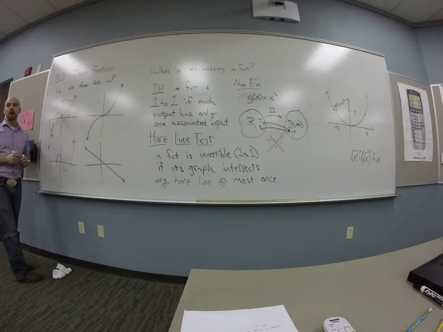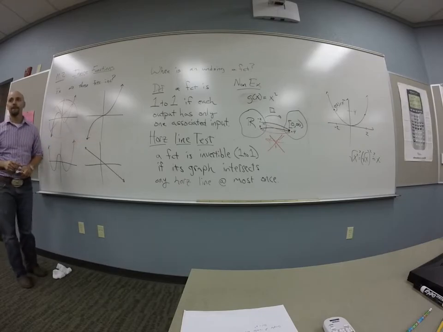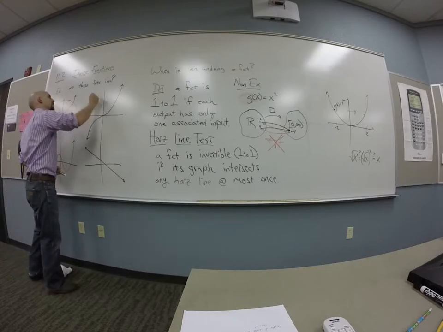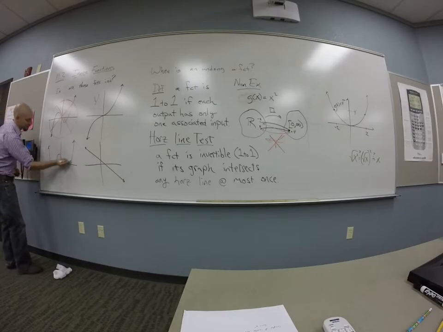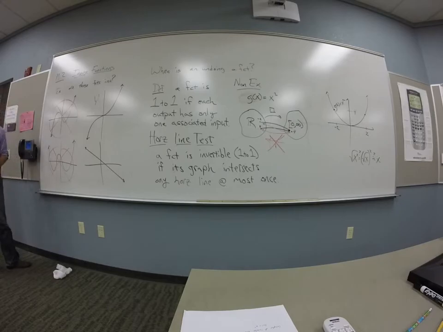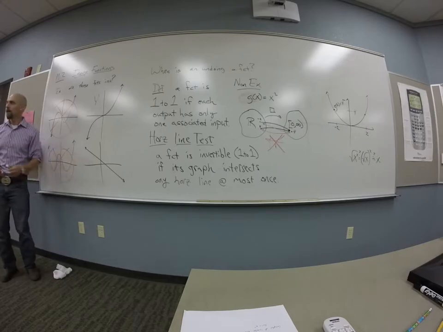So this is not invertible. How about this guy? Yes. Yeah, that seems like yes. How about this dude? No. No? Oh, the x-axis is still a problem. How about this guy? Yes.